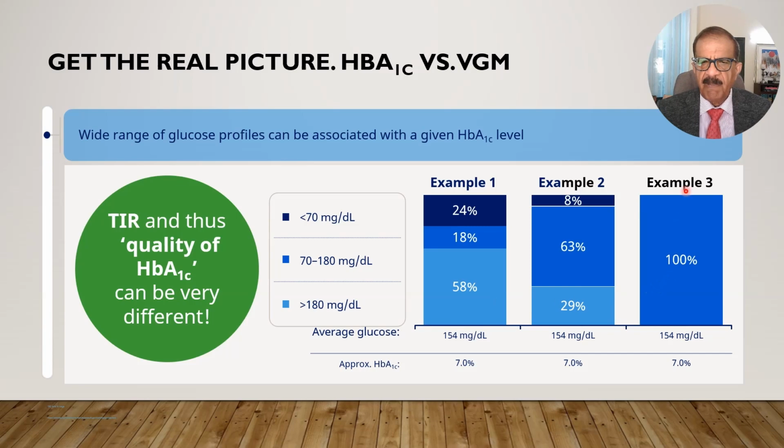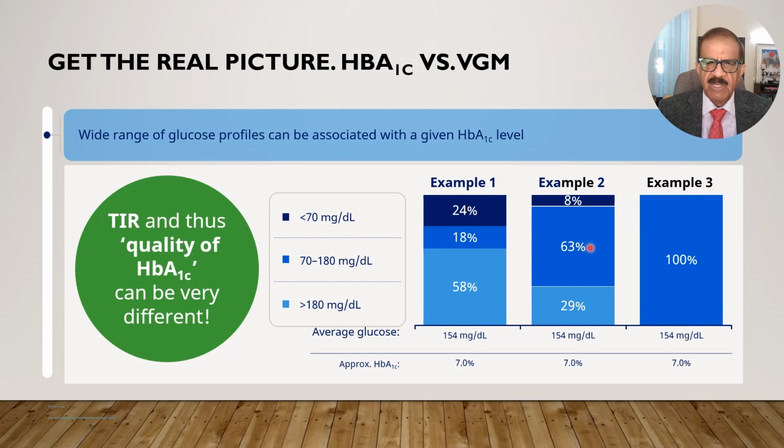Now in example 3, the patient has 100% time in range. That means throughout the day his glucose level is within the range. Another person has mostly hypos, and many times, about 1/4 of the time, hypers.